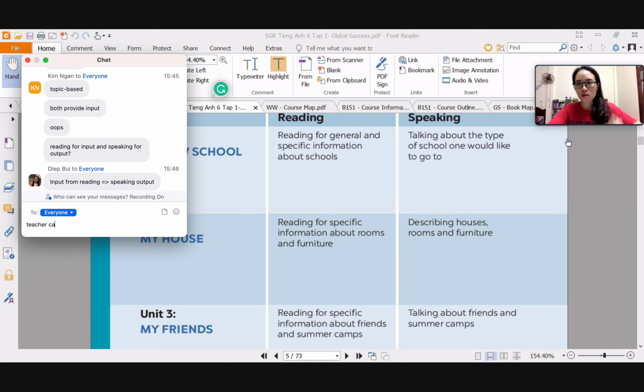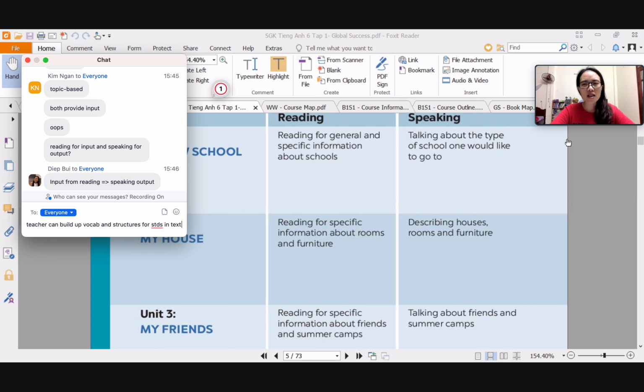And why do you think they put reading first? Why, when other courses, like I demonstrated earlier, put listening first? They just say listen and repeat, listen and point. Why do they come with reading first? Why do they put reading here rather than listening?